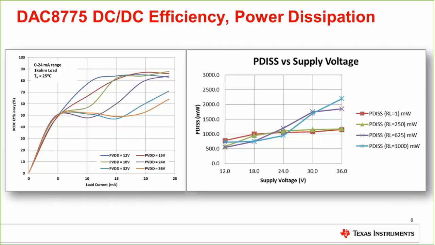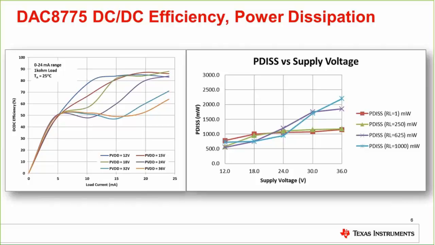So on the left side, you can see this topmost blue curve, which represents a 12-volt PVDD. It looks pretty nice from an efficiency standpoint. It gets to above 80% efficiency for all output currents above 10 milliamps or so, and it looks okay for currents below 10 milliamps.